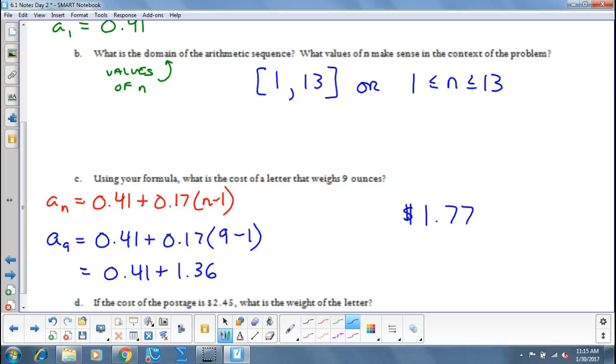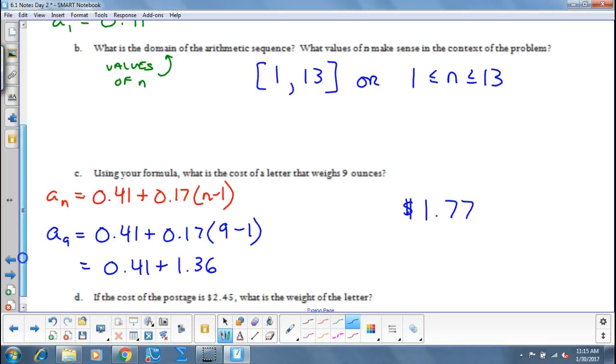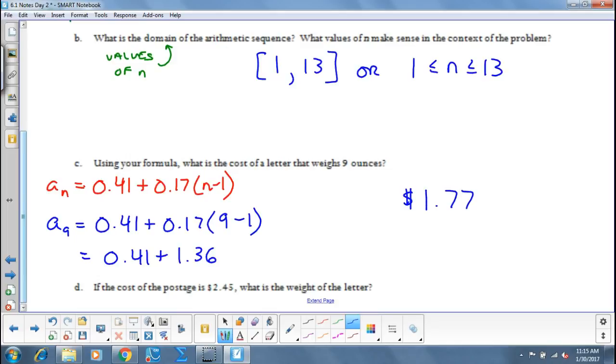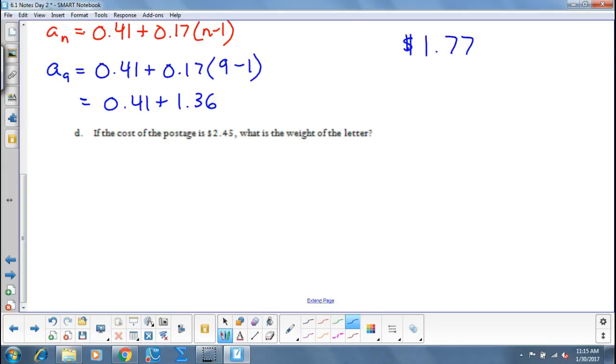Okay. Part D says, if the final bill for my postage is $2.45. So let's start with A sub n equals A sub 1. Oops, I shouldn't say that because we already know what that is.